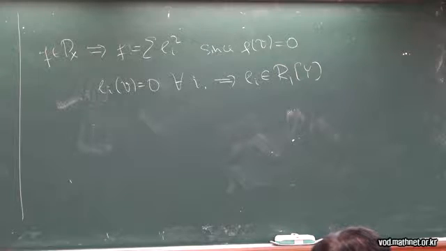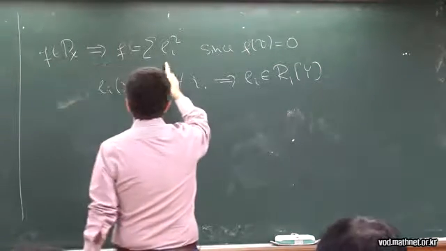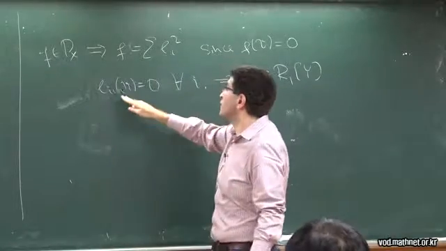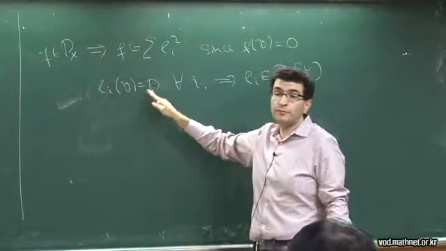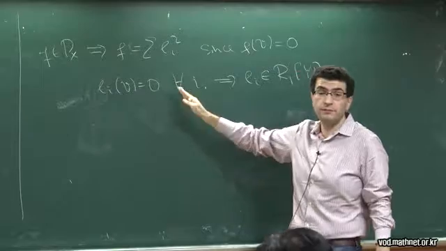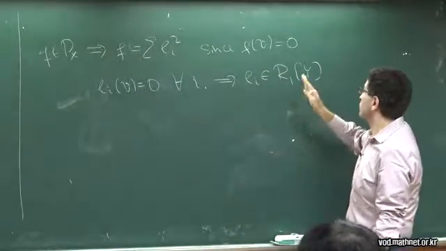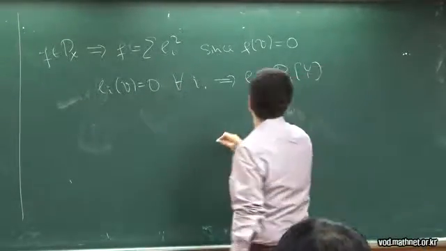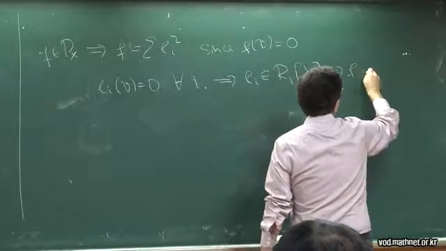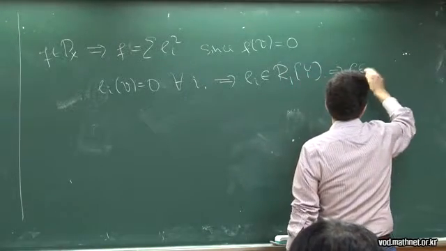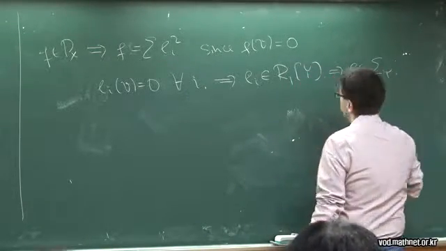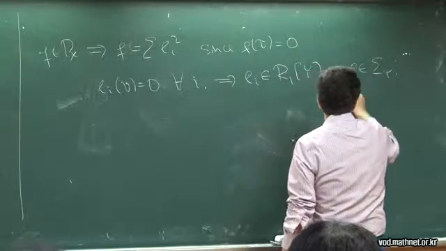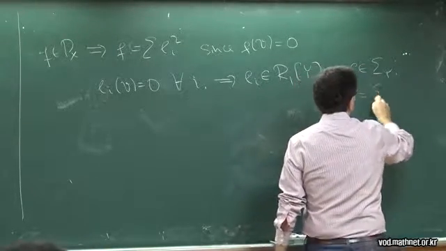And because it's a function on x, I can write it as a sum of squares, and each of these squares makes sense as a function on y, because it's also 0 at v. And that means that f is in sigma y. And from that it follows that p y is equal to sigma y.